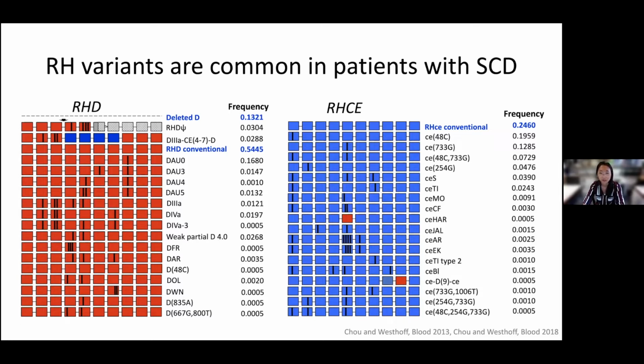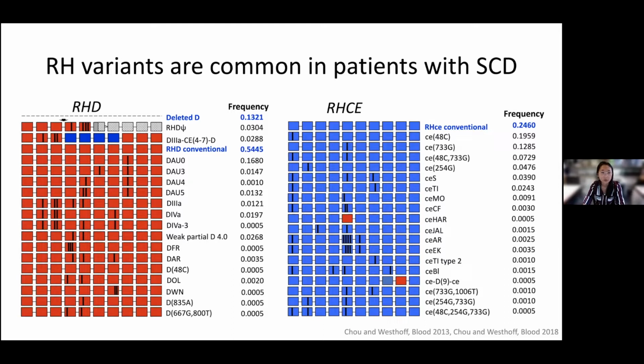And this ratio was similar in African-American blood donors. And if you look at the individual level, it meant that about 85% of these patients had at least one Rh variant allele. So this variation is really significant in our patient population.